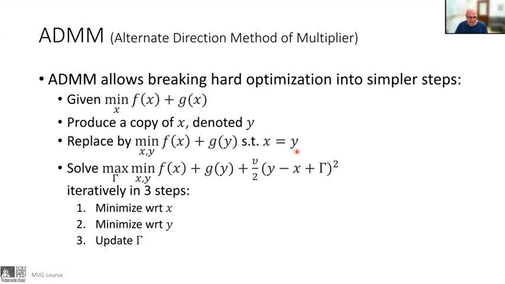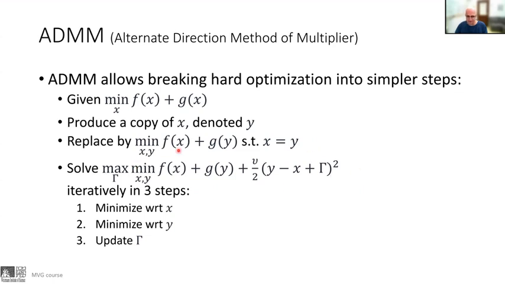Okay, that doesn't seem like much of a difference. But now I'll treat this as a constrained optimization and try to minimize f(x) plus g(y) plus some Lagrange term, which is a coefficient times y minus x plus some lambda, which I'm trying to maximize here.